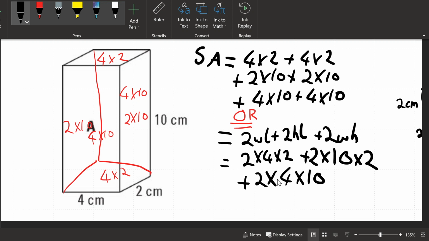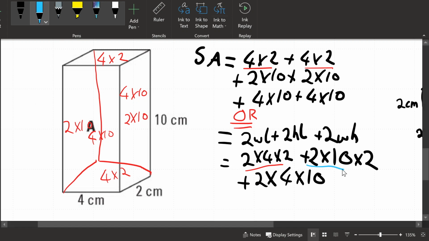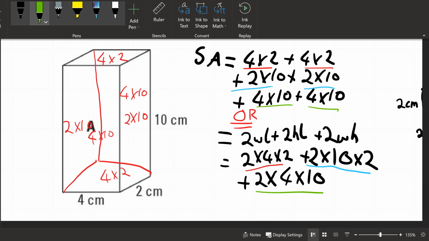Okay, and you'll notice, wait a second, here we have 2 4 times 2's, and here we have 2 4 times 2's. Here we have 2 10 times 2's, and here we have 2 10 times 2's. And here we have 2 4 times 10's, and here we have 2 4 times 10's. So regardless of which one you do, you can complete that out.